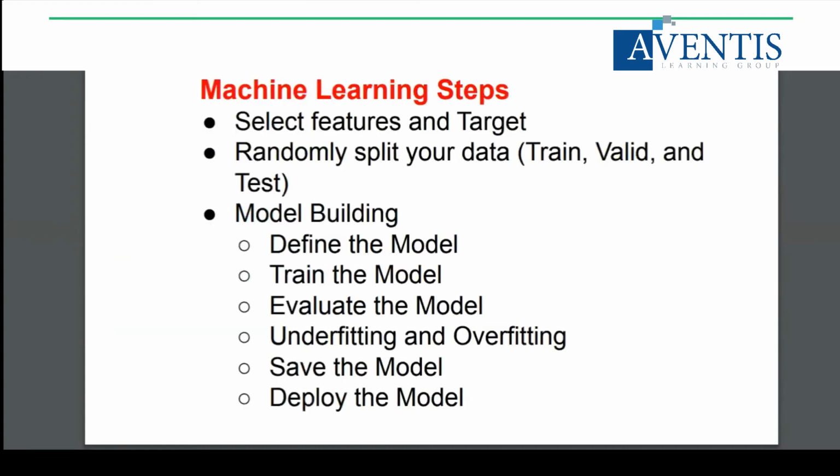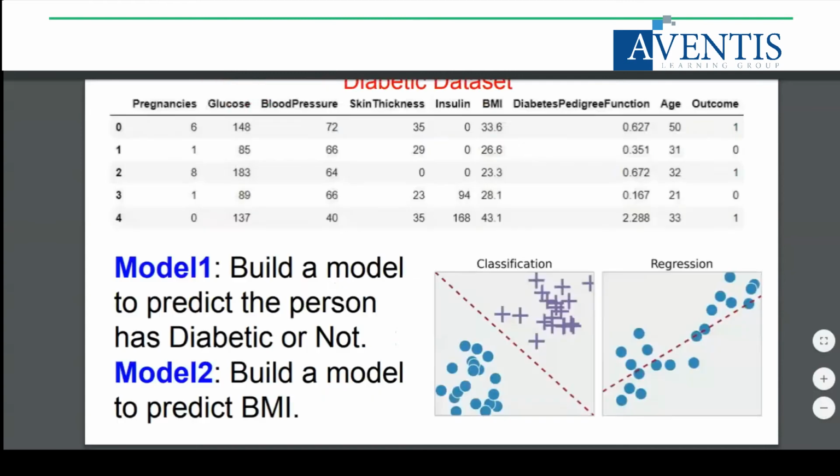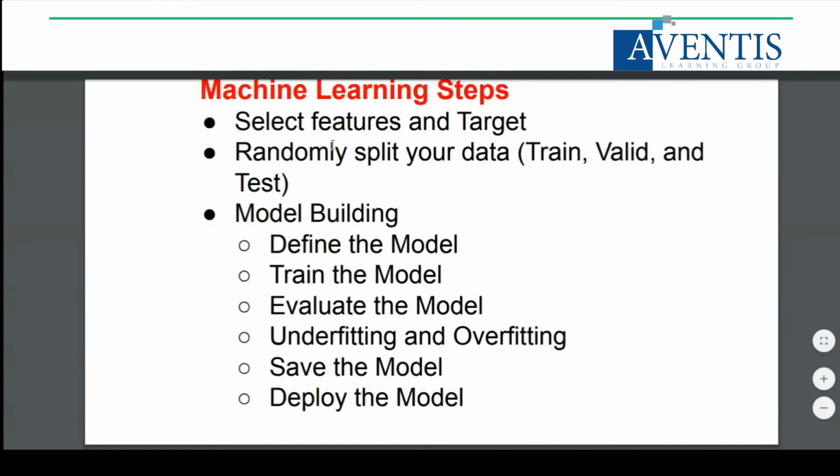Now, there are several steps we need to follow before machine learning related predictive model building, and this is feature selection and target. Basically, based on your question, there are different targets and different features.